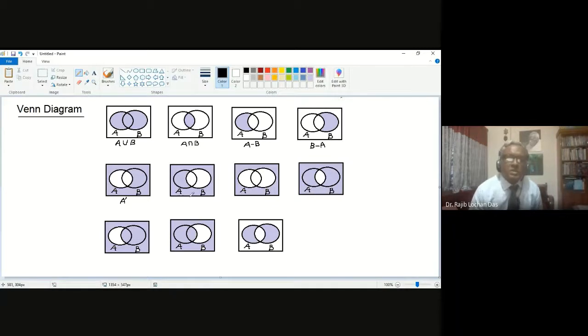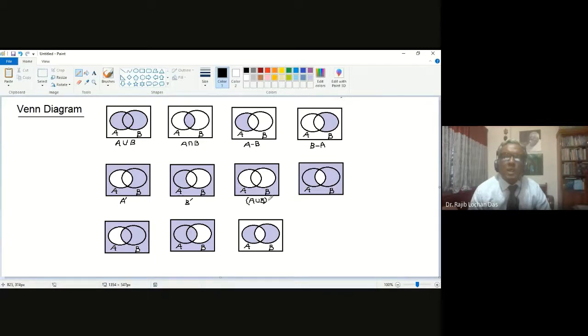What is the sixth one? In a similar way, B complement. That means B area is white, it is not taken, and outside of B is taken here, so it is not B. And what will be this one? This is A union B, then whole prime.